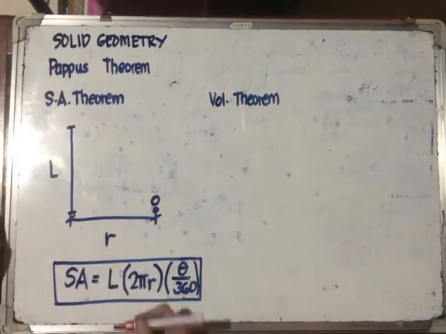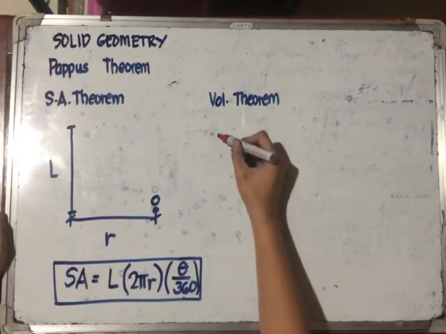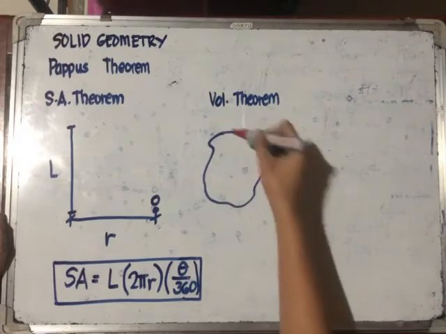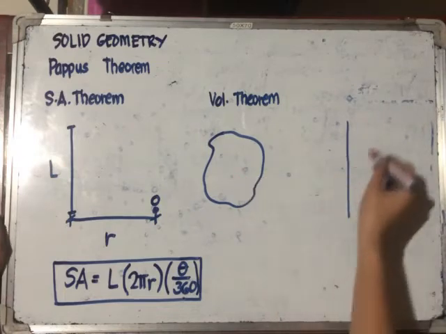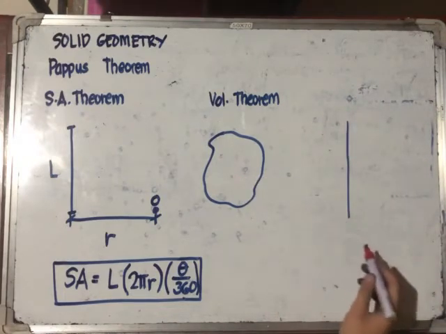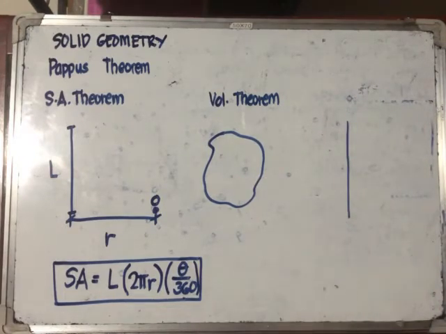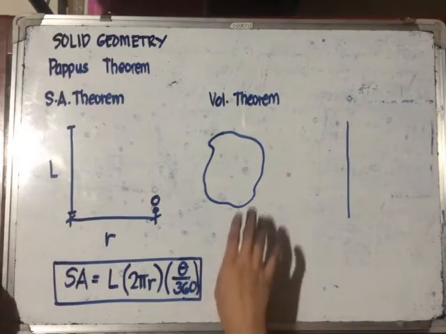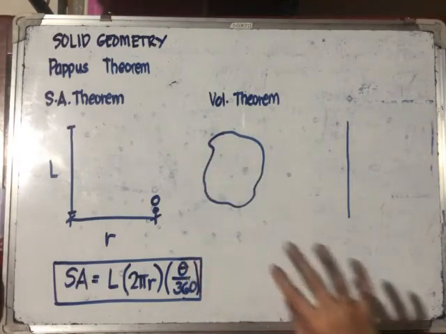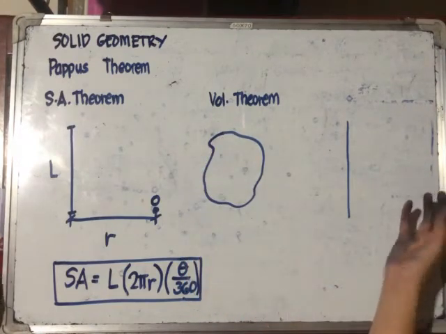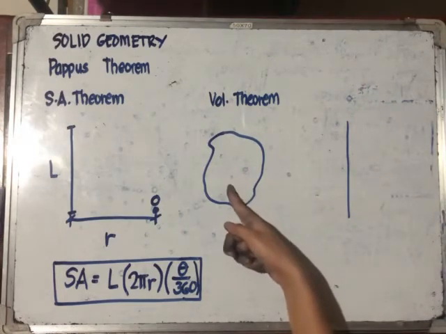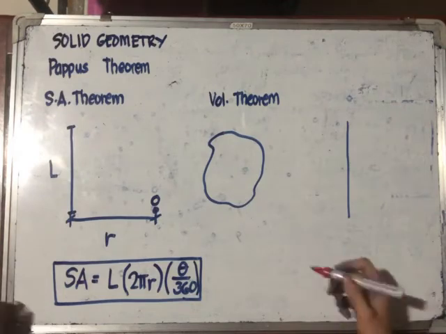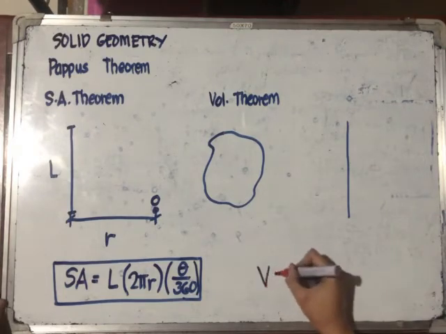Ang sabi ni Pappus sa volume theorem natin, if you have here an irregular shape, tapos iikot mo siya at a certain axis, i-rotate mo siya at that position there or at a certain point, ang mangyayari daw is makakabuo ka daw ng 3-dimensional figure. So, halimbawa, ito, iikot mo siya at that position there, para kang makakabuo ng donut, na ang cross-sectional area niya is ganito. Okay, since 3-dimensional figure na yun, you will be able to get the volume.